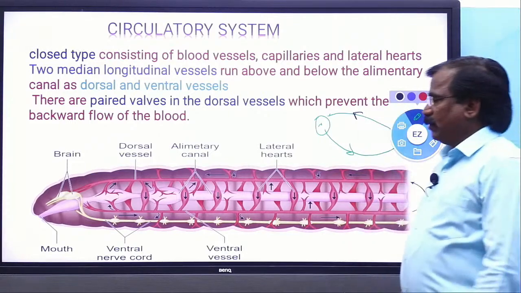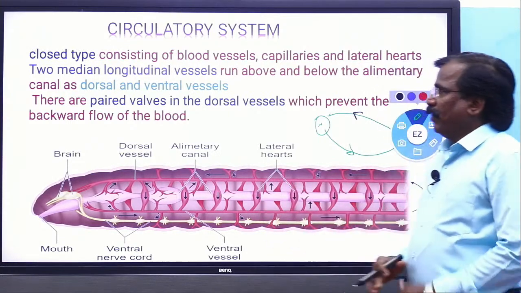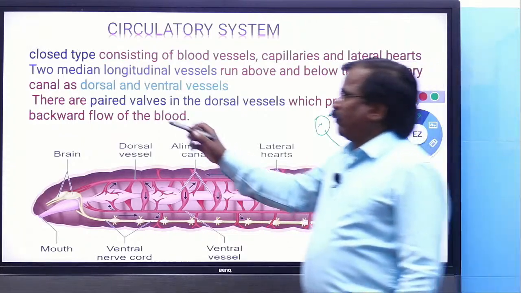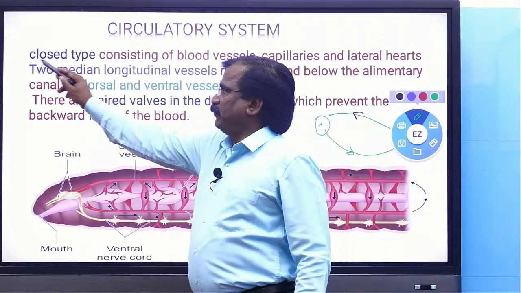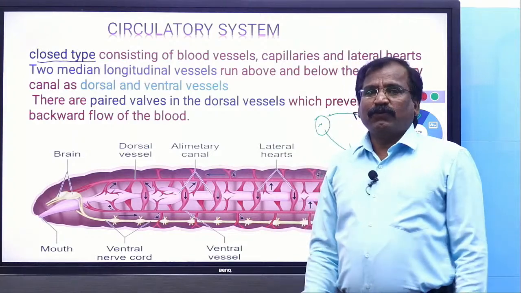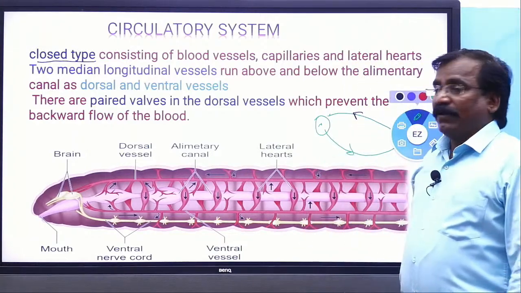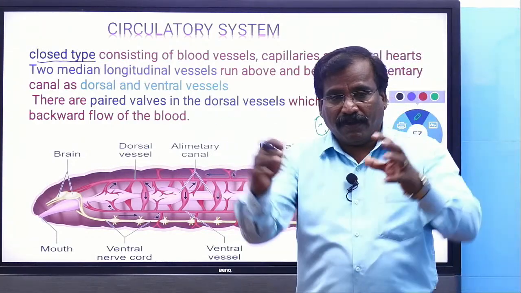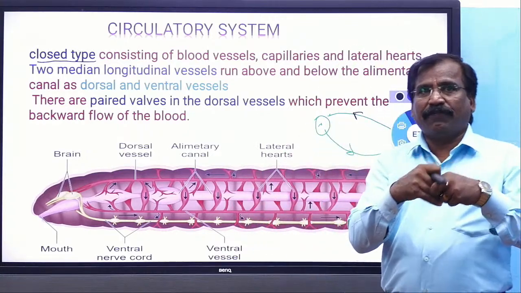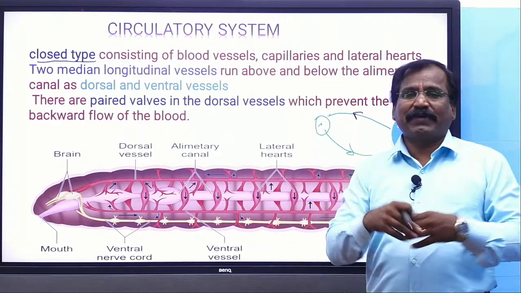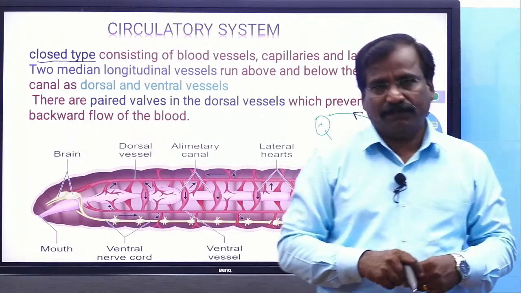How is the circulatory system arranged? Listen, first of all, it is a closed type of circulatory system. So what is the closed type? Blood is transported through the blood vessels.